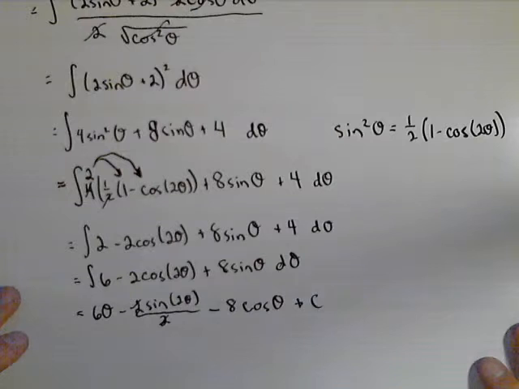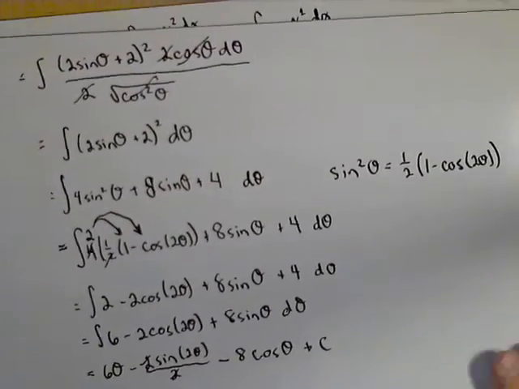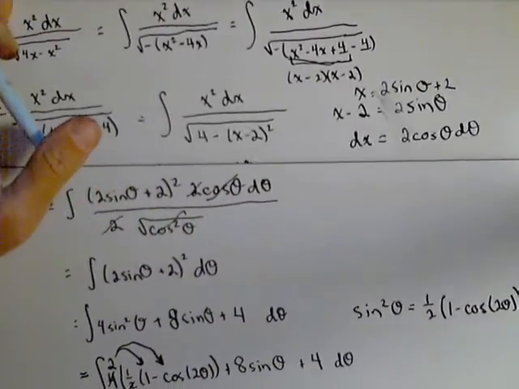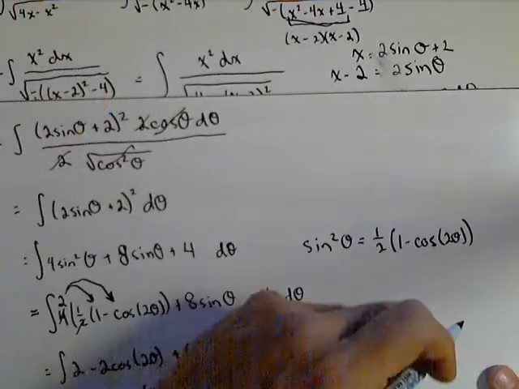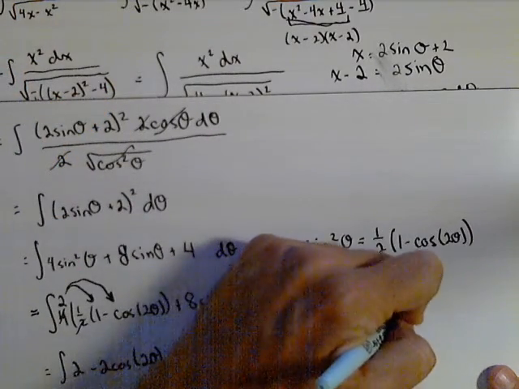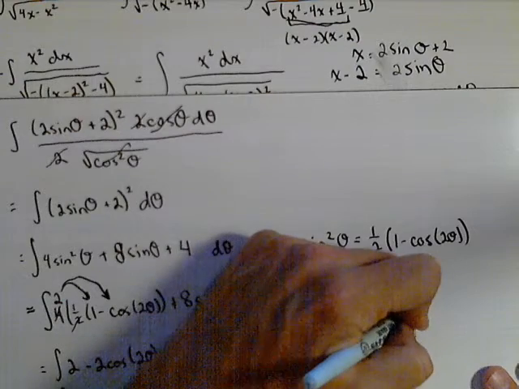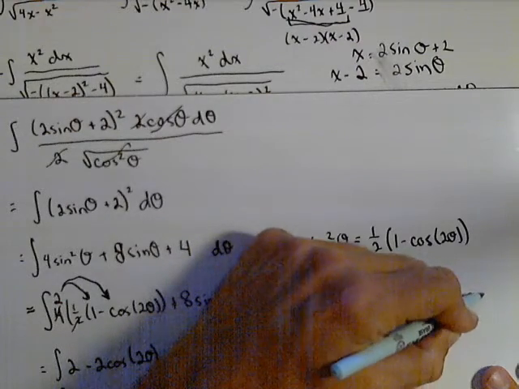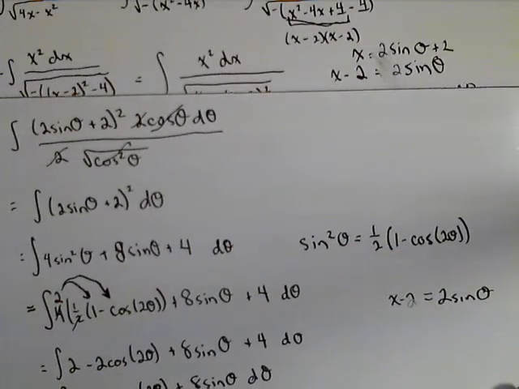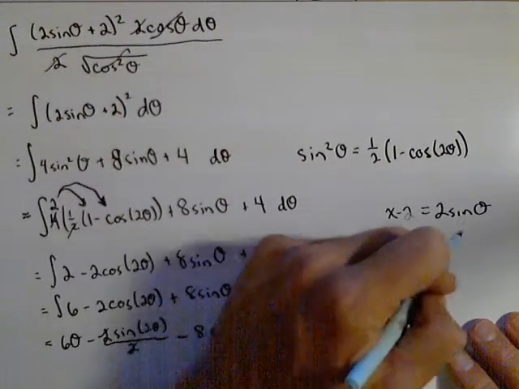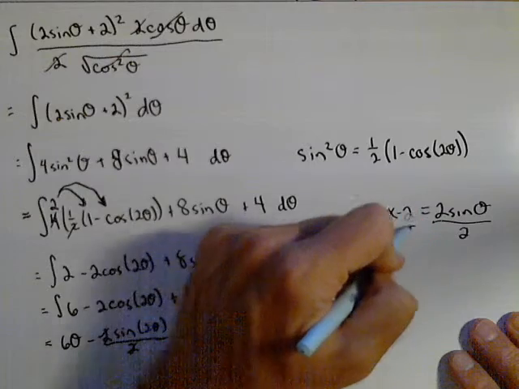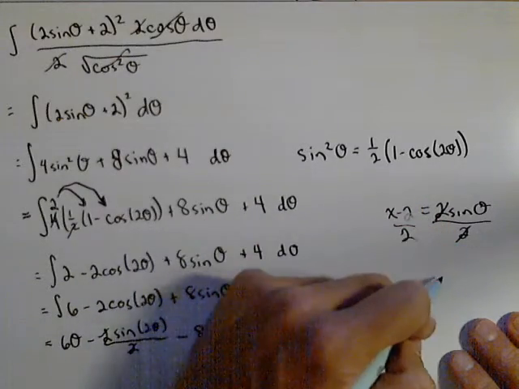Alright, now we are almost done, but remember, we want to get this thing back in terms of x. So let's go back to our original substitution. We know that x minus 2 equals 2 sine theta. So we're going to use that piece of information, and we divide by 2, and I like making a right triangle.